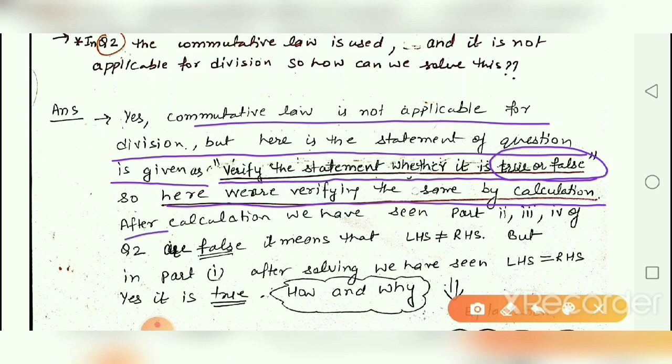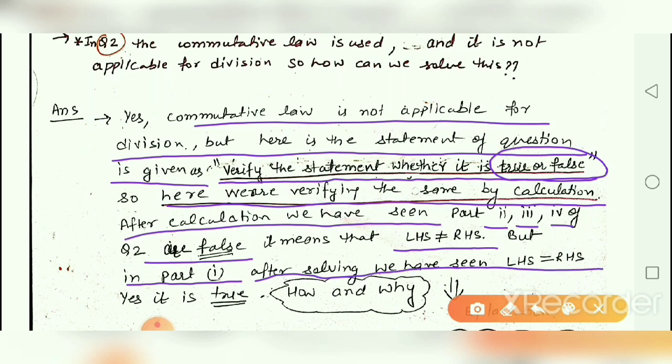Now after calculation, we have seen parts 2, 3, and 4 are false. It means when we calculated, the left hand side is not equal to the right hand side. But in part 1, although it is a division question, after solving we have seen the left hand side is equal to the right hand side.